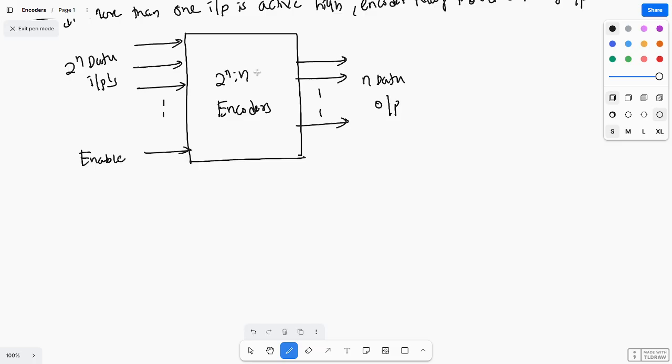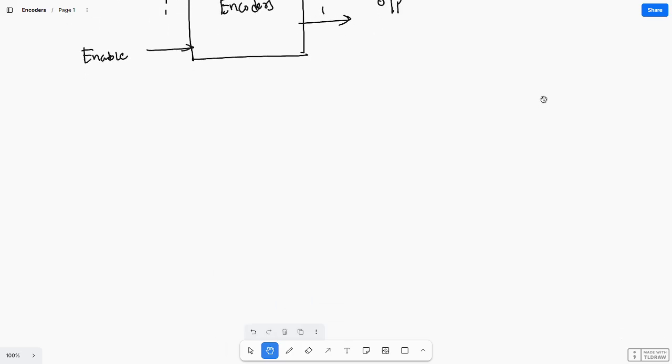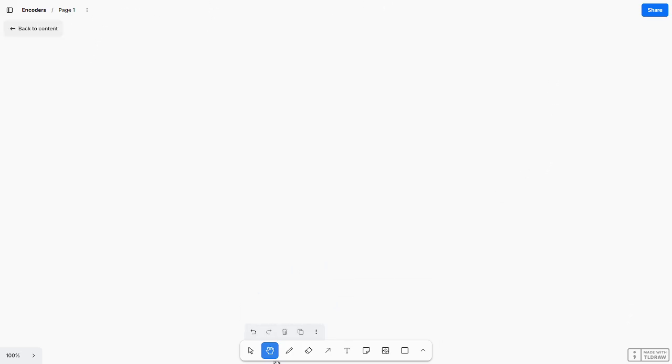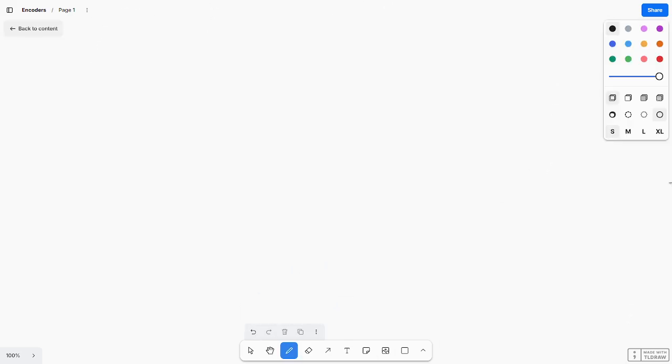Now let's see the 4 cross 2 encoder. What is this 4 cross 2 encoder? How many inputs does it have? It has four inputs.